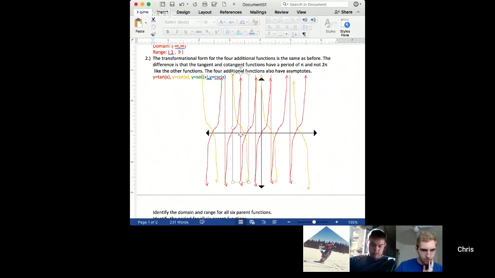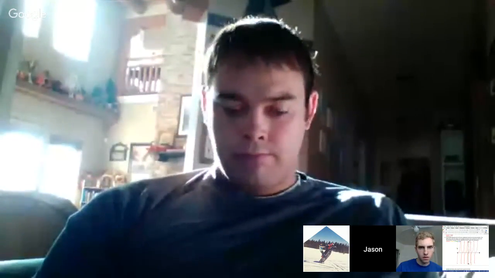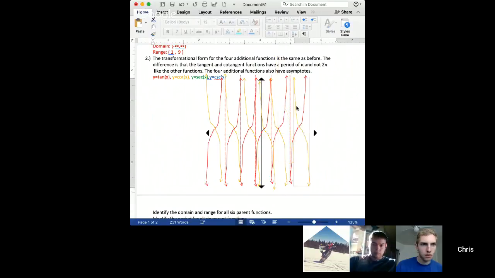So again, there's asymptotes right there, and then asymptote right there. Oh, that's where they came from. Gotcha. Yeah. Just the opposite.